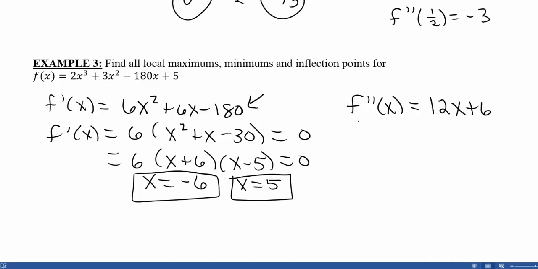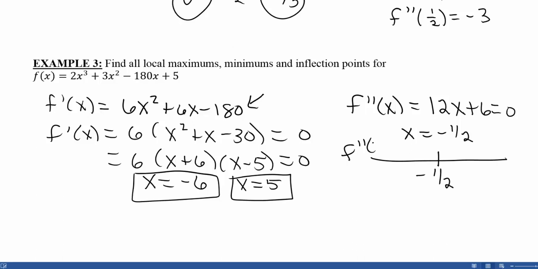So let's start by looking for inflection points. Again, I want to know where this equals 0, so I know how to divide up my number line. If I subtract 6 over and divide by 12, I get x equals negative 1/2. So negative 1/2 is the dividing point where it's possible that my second derivative changes signs.